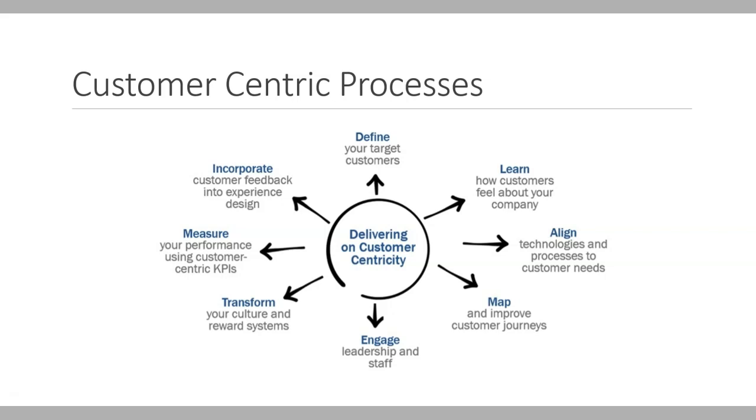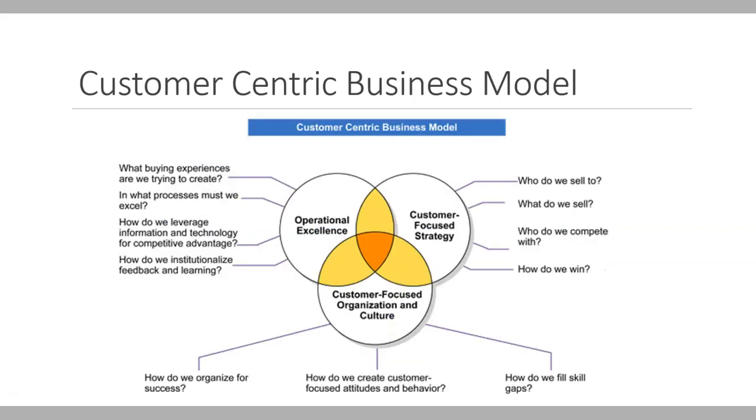We can map and improve the customer journey and continue to engage our customers, and engage at all levels of the organization, not just at that initial contact from customer support, but all the way through the entire organization to the leadership of the organization. With that, that says with a customer centricity, we've transformed our culture and reward systems, and we measure our performance using customer-centric key performance indicators.